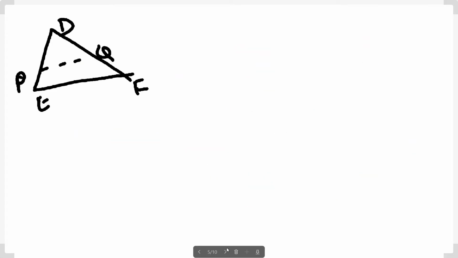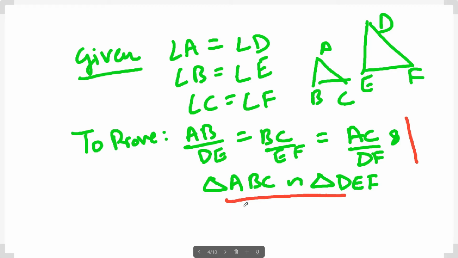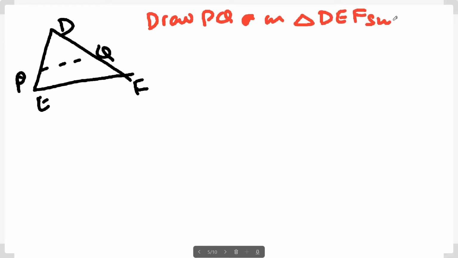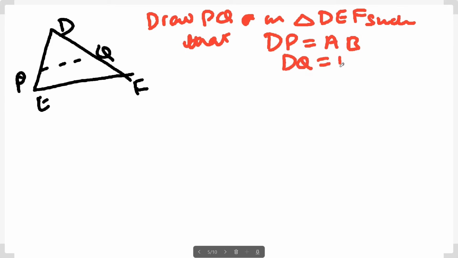So let's move on. What we'll do is we will take the second triangle and we will draw PQ in triangle DEF such that DP is equal to AB and DQ is equal to AC.